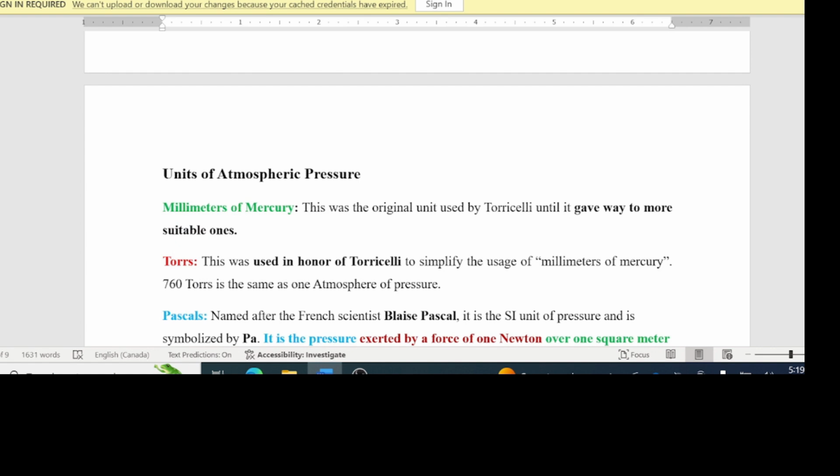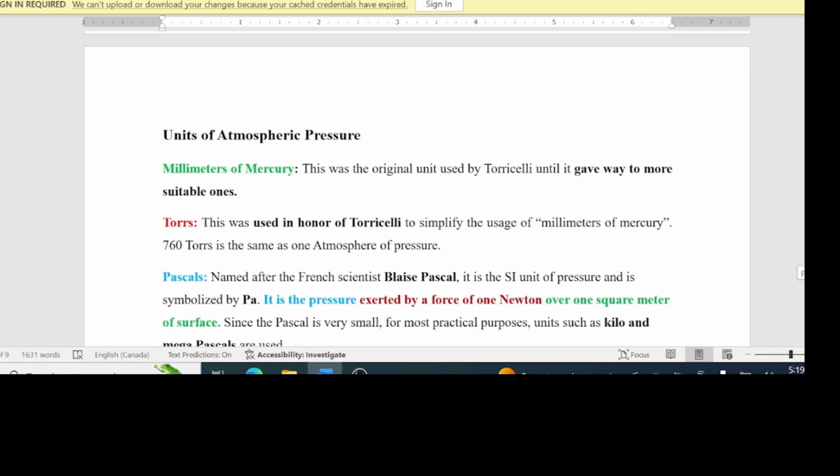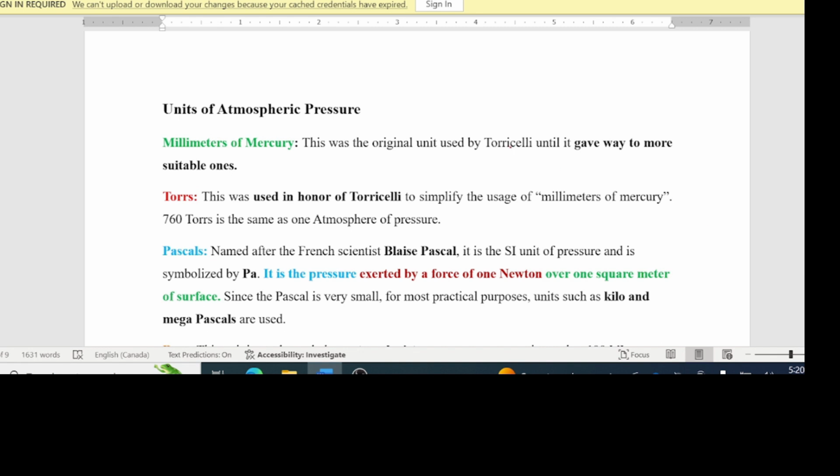So, units of atmospheric pressure. You have the millimeters of mercury we talked about, discovered by Torricelli. Then you have torrs, in honor of Torricelli. 760 torr is equal to 1 atmosphere. So 1 millimeter of mercury is 1 torr.